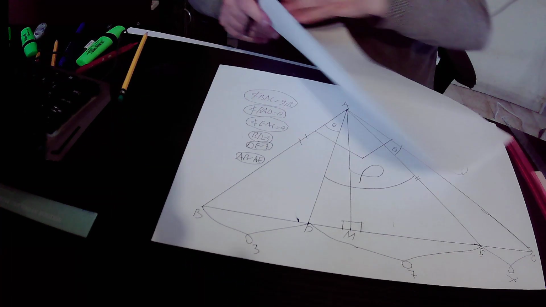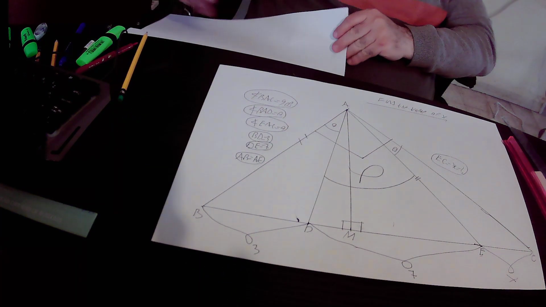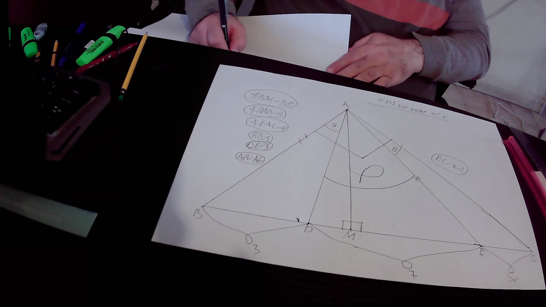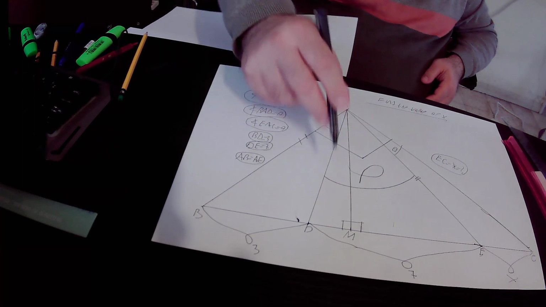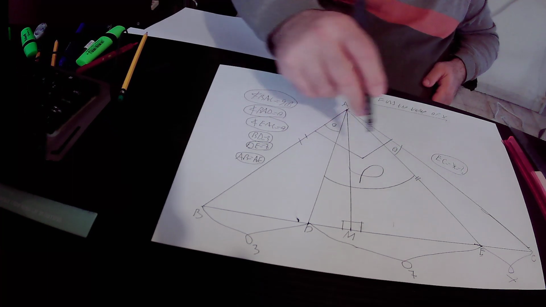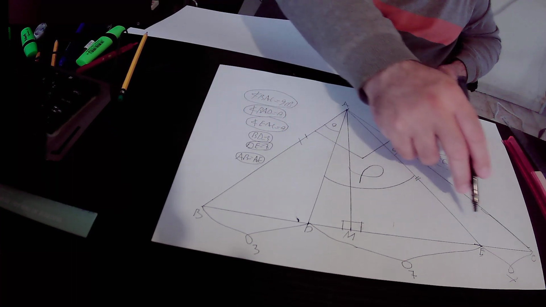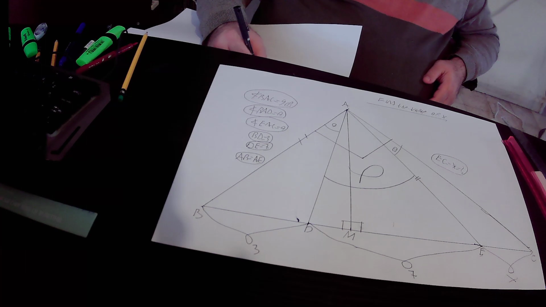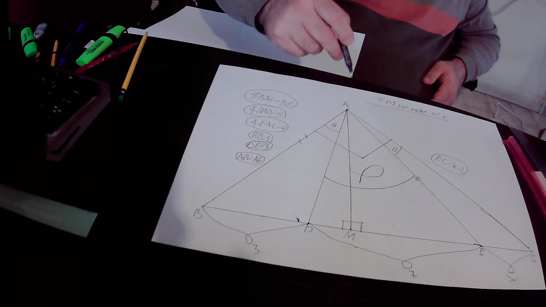Then we divide it by the area of triangle ADE, and the area of triangle ADE will be equal to the base of the triangle, that is DE, times the height to the base.